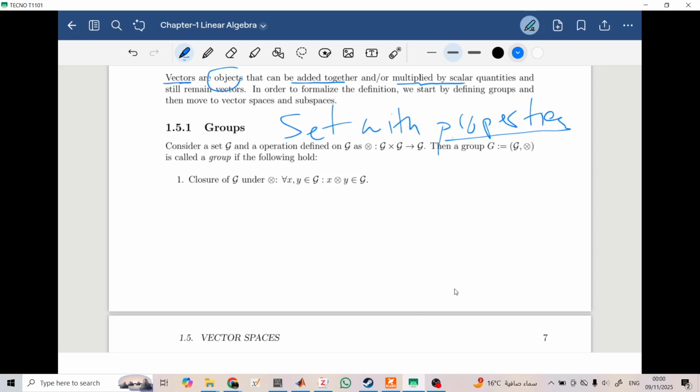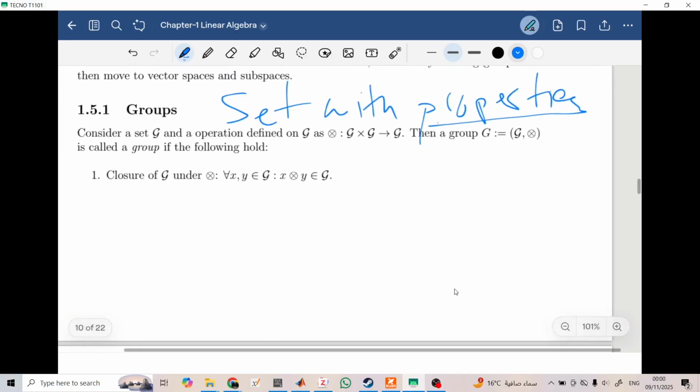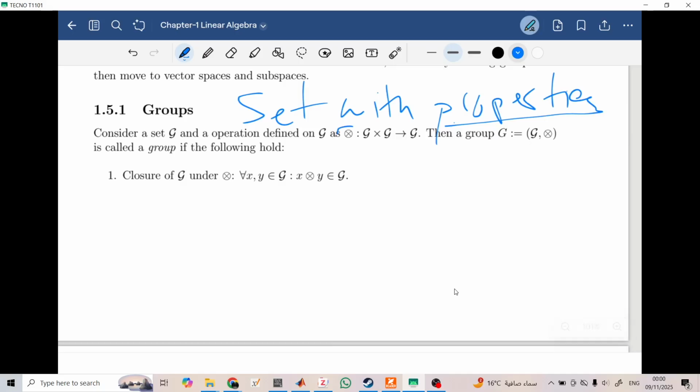Okay, so what are those properties? First of all, we need to define some operation on that group. So let's denote this operation by this symbol. Okay, this is not a multiplication, this is a symbol for any operation that we have.